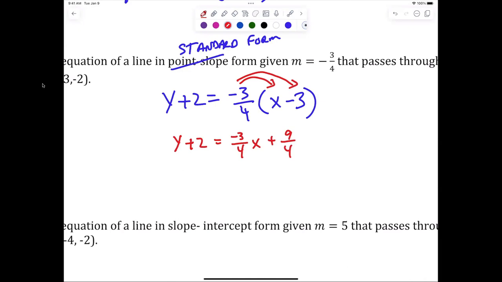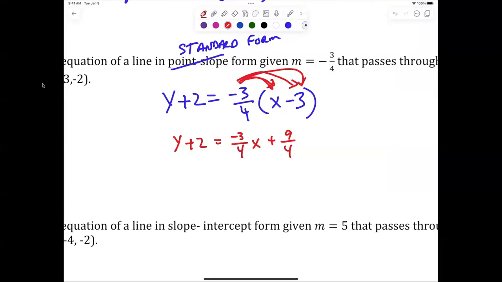Anybody got a problem with that? Why would you not? I'm distributing the negative 3/4. Negative 3/4 times x is negative 3/4 x. Negative 3/4 times negative 3 is 9/4, Palmer.